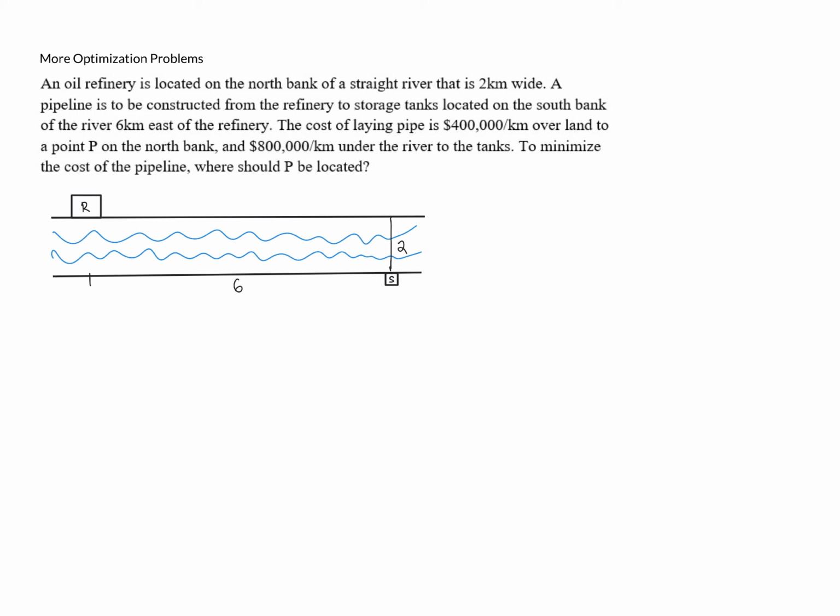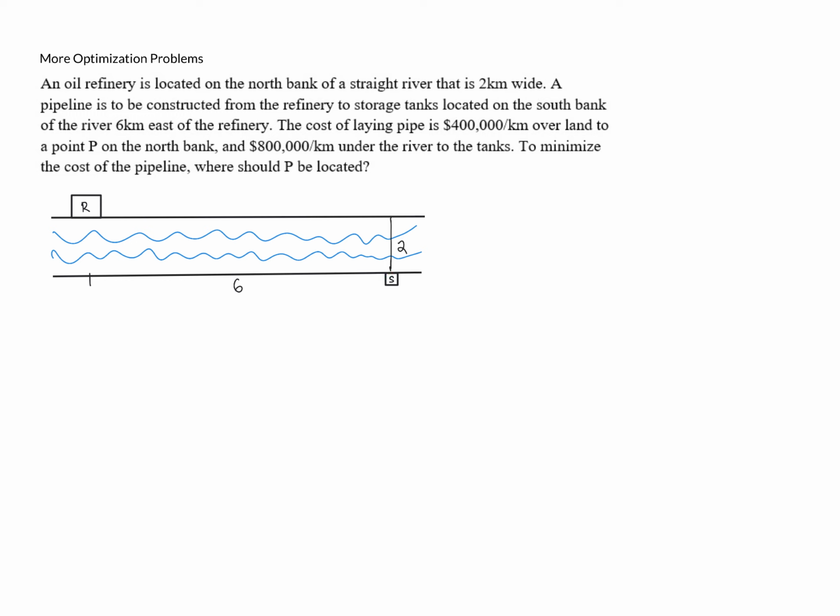So maybe that's not the best option. We could try to minimize the distance under the water. So we could have it go all the way across and then straight down, or straight down and all the way across. That would minimize the amount of pipeline that's going under the water, which is more expensive, but it does feel like it's kind of a long distance.